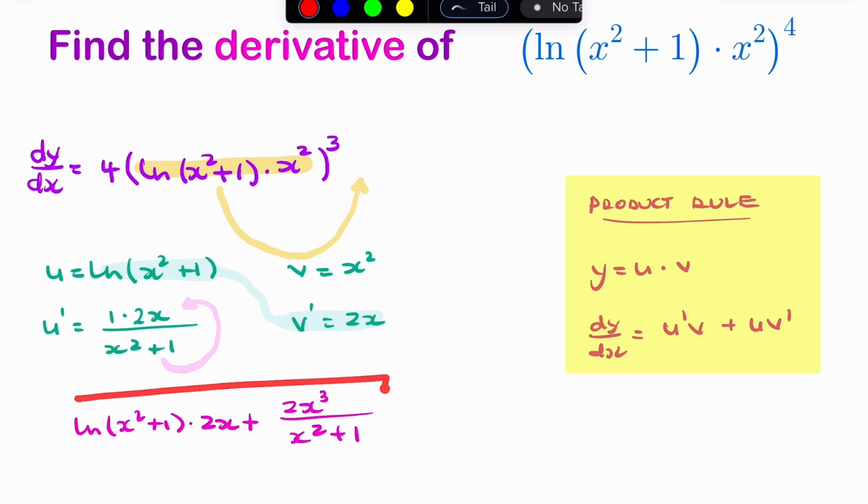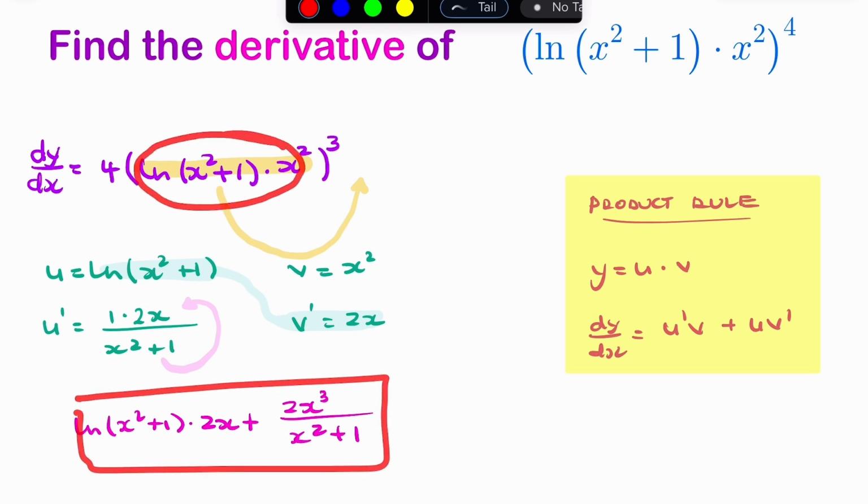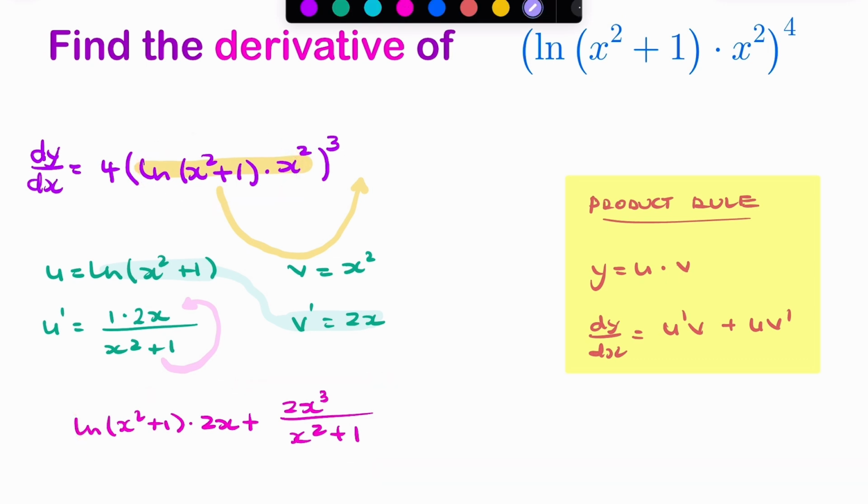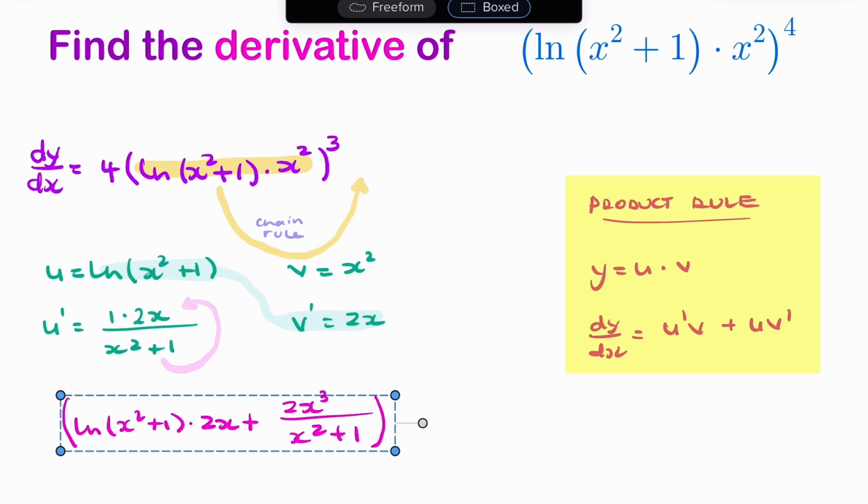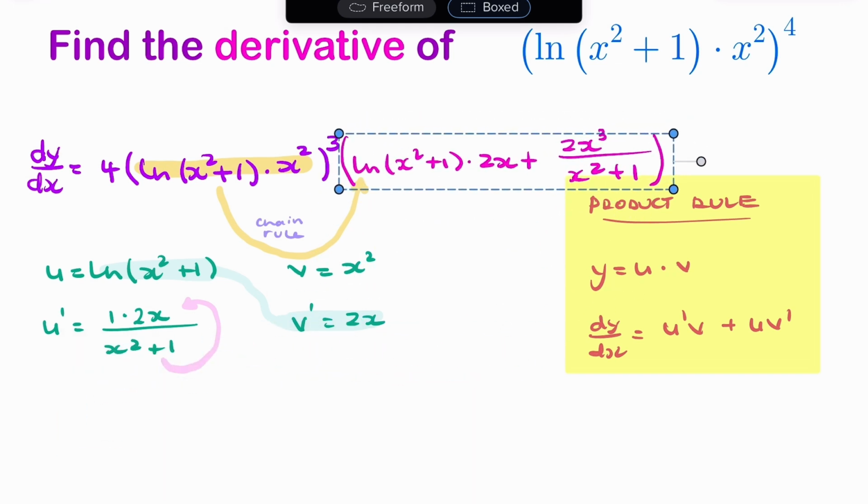Now all of this is the derivative of this, and because of the chain rule, that's what I'm going to multiply by. So I'm going to put all this between brackets and bring that up here.